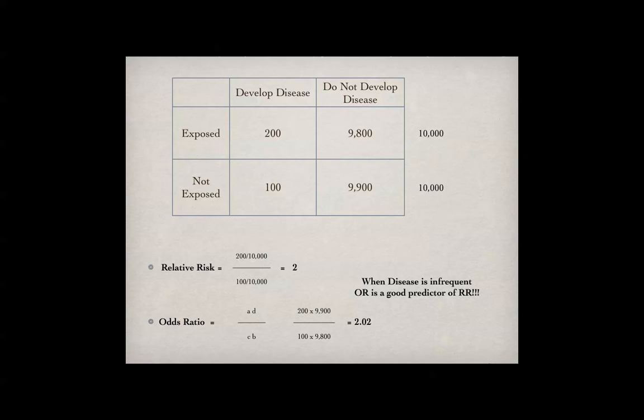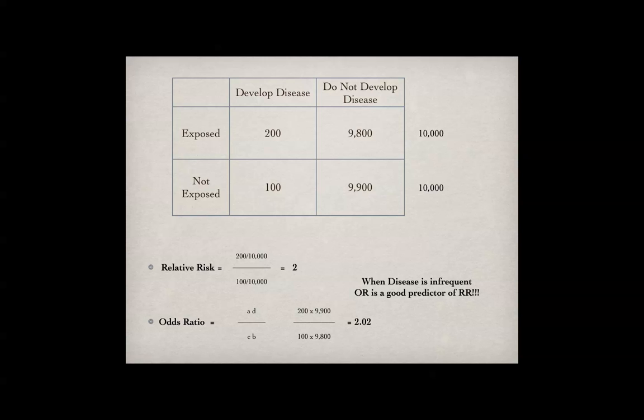We're going to calculate out both relative risk and odds ratio for this. Okay, so we have a total of 20,000 people. 10,000 were exposed. The other 10,000 were not exposed. Of the people that were exposed, 200 got the disease, and of the people that were not exposed, 100 got the disease. Okay, so a straightforward relative risk problem: 200 divided by 10,000, divided by 100 divided by 10,000.